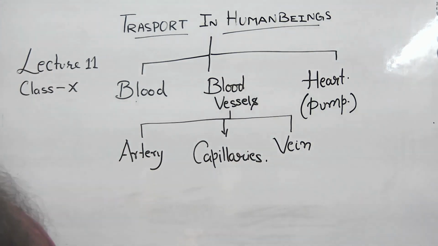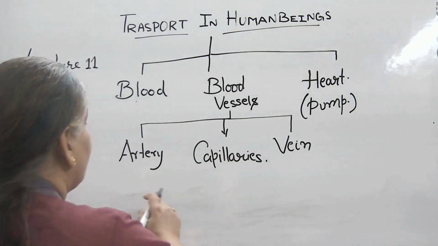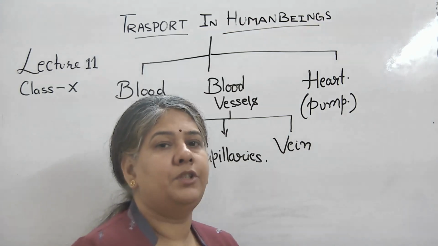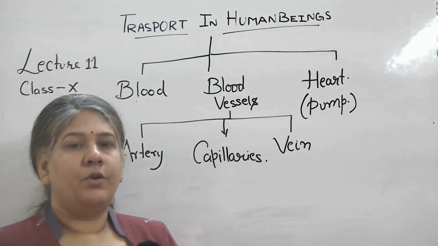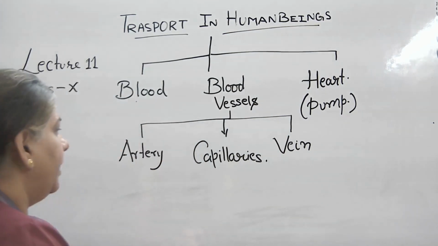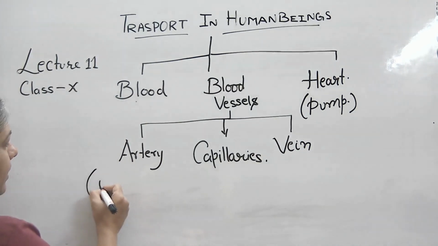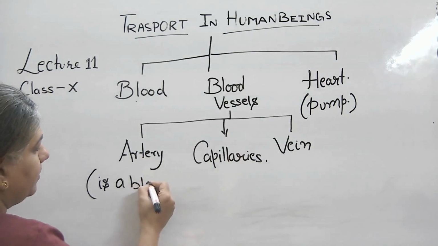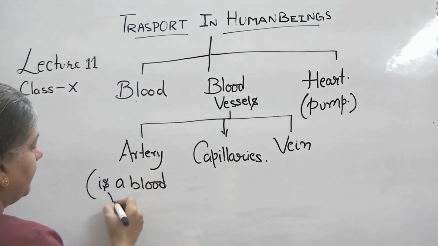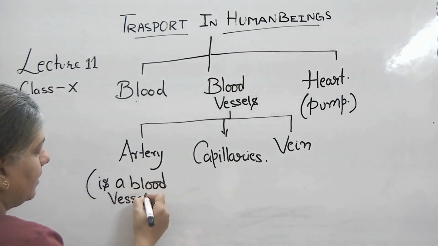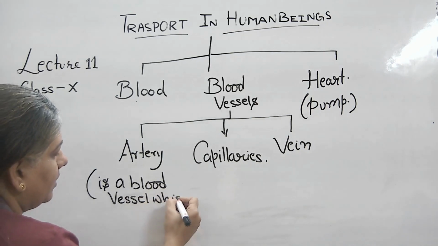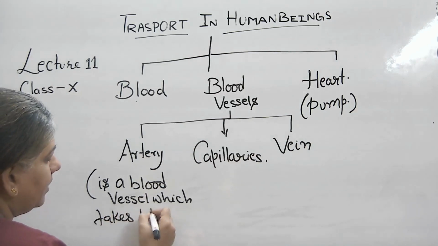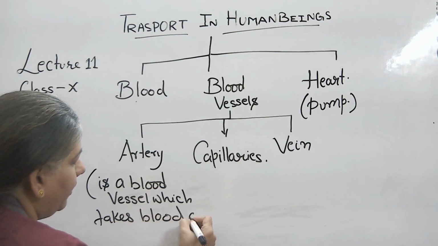See, as the definition says, artery is a vessel which takes blood away from the heart. So by definition, artery is a blood vessel which takes blood away from the heart.